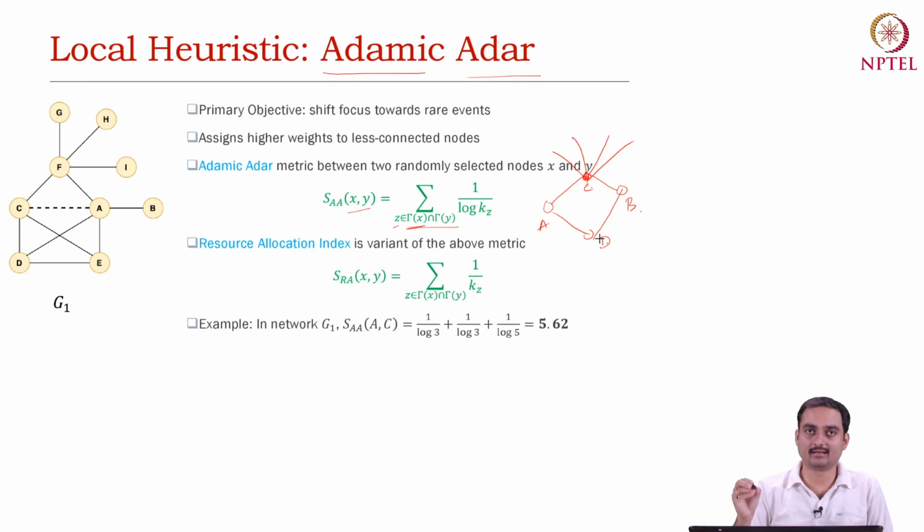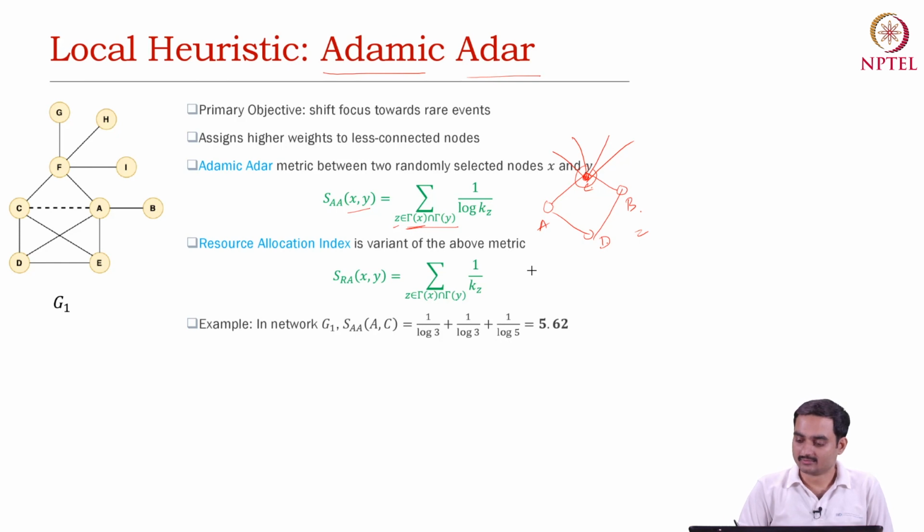So we basically penalize those common neighbors which have a high degree. In this particular case, C will be penalized because C is not dedicated to A and B, whereas D is dedicated.